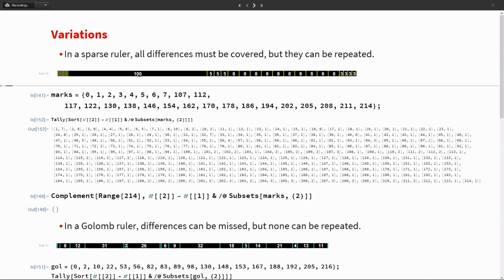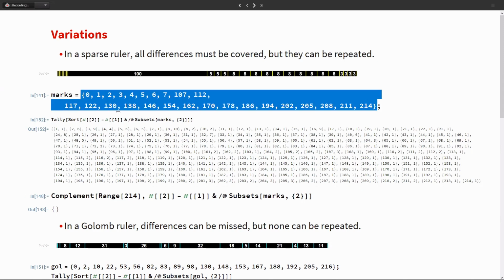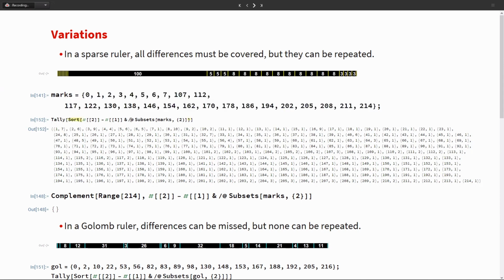And this is my favorite of the sparse rulers. I call this my 1 meter ruler because it has a gap in it of 100 centimeters. I've got some copies of this, where I basically just marked these places on a normal fiberglass measuring tape, and you get this nice sequence.